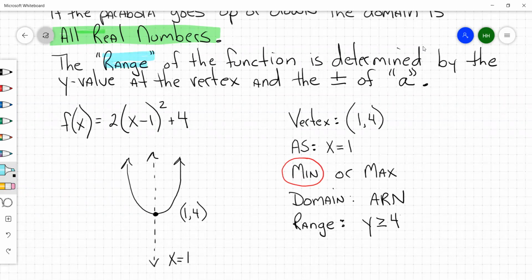The range is determined by the y value at the vertex and the positive or negative of a. So when this vertex is at a minimum, then our range is going to be greater than or equal to the y value at the vertex.